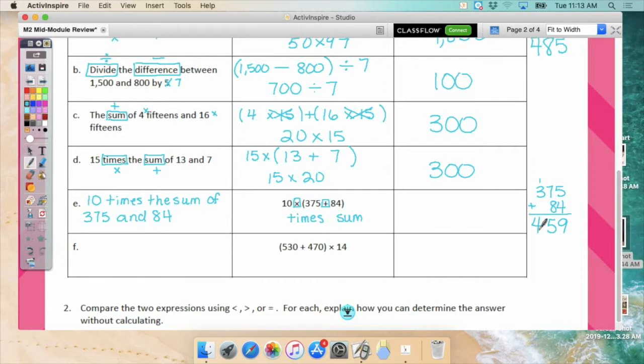Okay, so 459, is that my answer? No, you have to add. Okay, did I multiply it times 10 yet? No. Anything times 10? Add a 0 to the end.